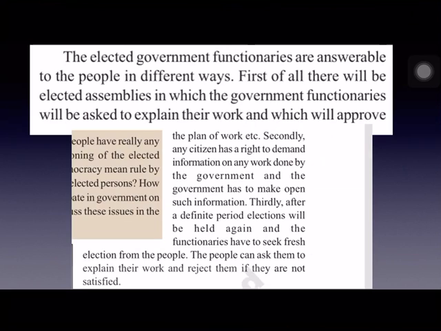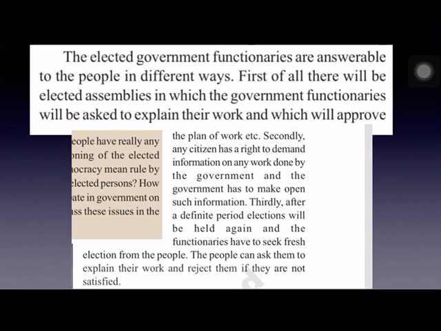In these assemblies the elected representatives are asked to explain their work, what they are going to do for the welfare of the people, and their plan of work. If the members of the assemblies are satisfied with this plan of work, the government can carry on.